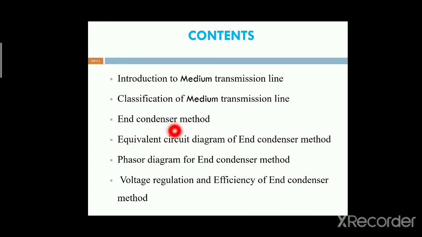What is meant by the end condenser method, how it is called the end condenser method, what is the equivalent circuit diagram of the end condenser method, how to draw the phasor diagram for the end condenser method, and what are the voltage regulation and efficiency of this method. All these topics will be discussed in the present class.